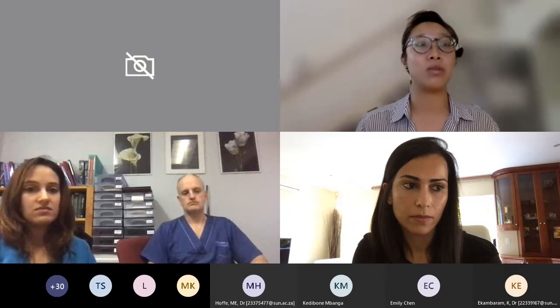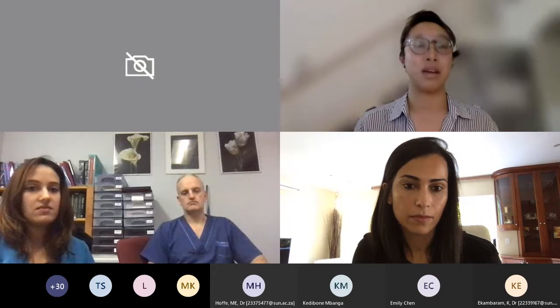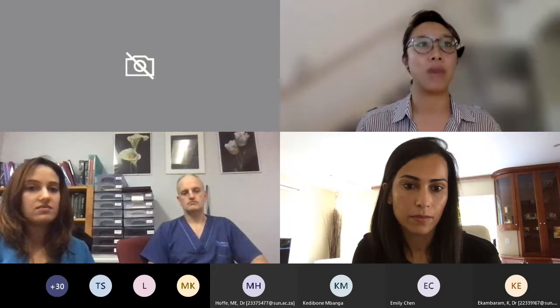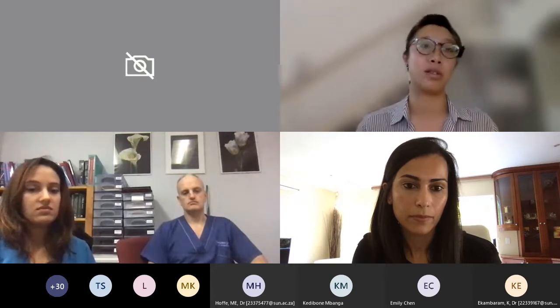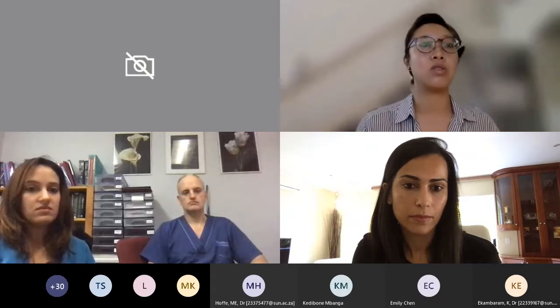Then we really do have to be committed to creating simulations and practicing with these barrier devices ahead of time so that we're not caught unaware, because it's an added cognitive consideration for us when we approach this kind of thing. In addition, I think we really need to emphasize the basics.